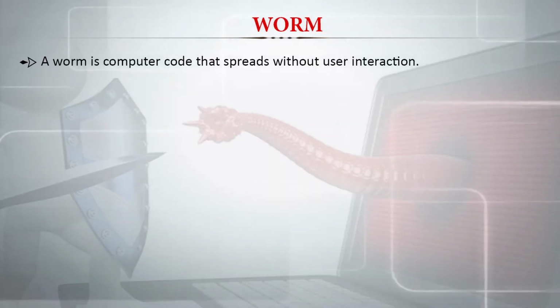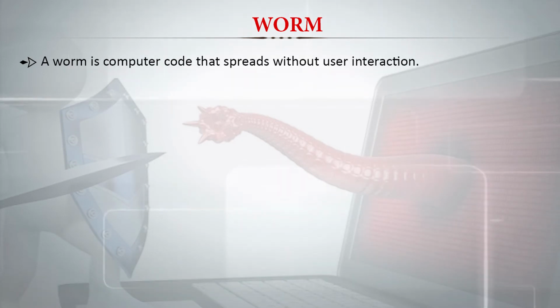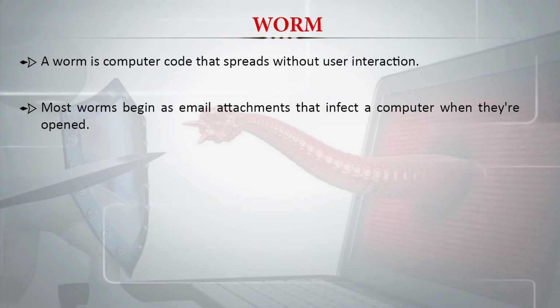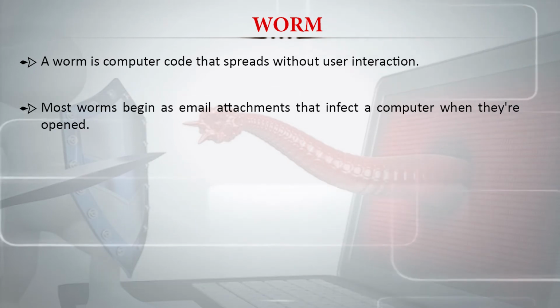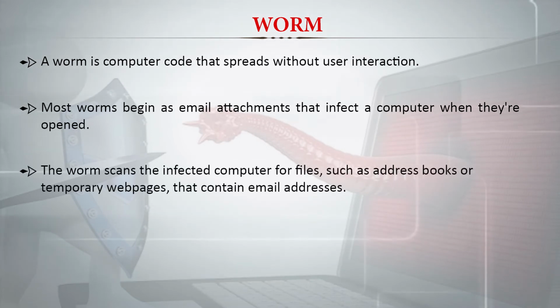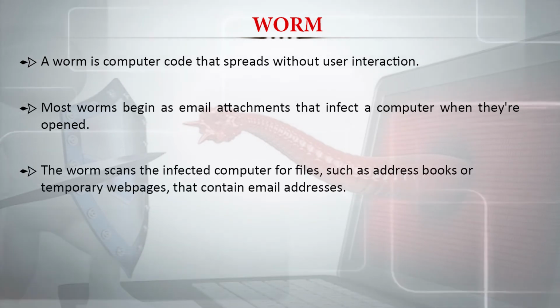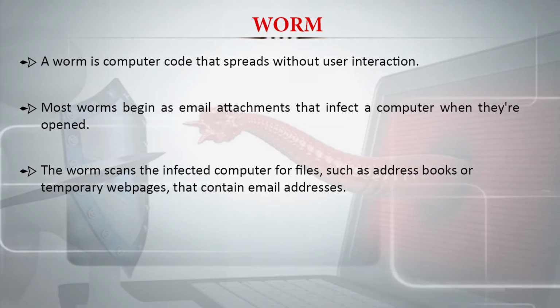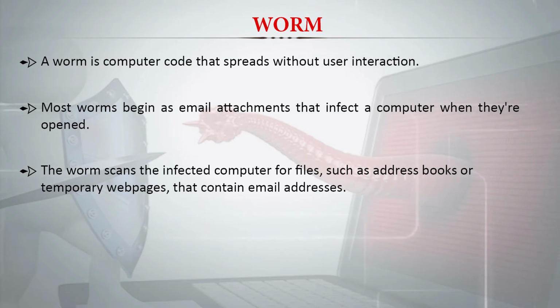A worm is computer code that spreads without user interaction. Most worms begin as email attachments that infect a computer when they are opened. The worm scans the infected computer for files such as address books or temporary web pages that contain email addresses.